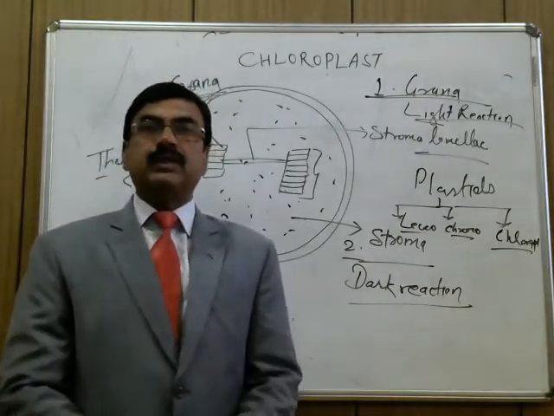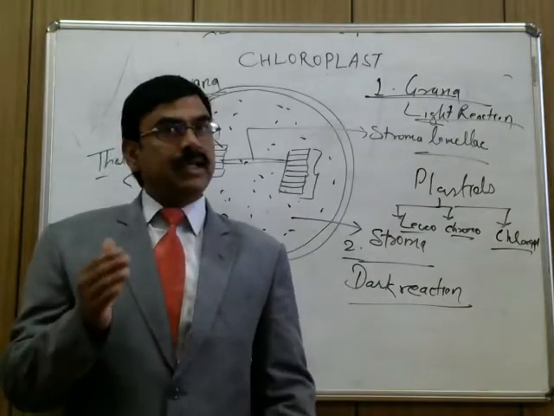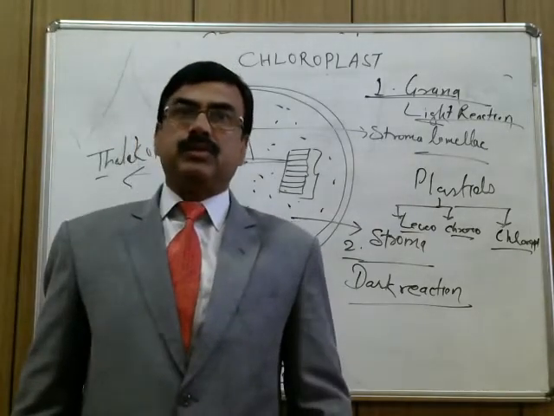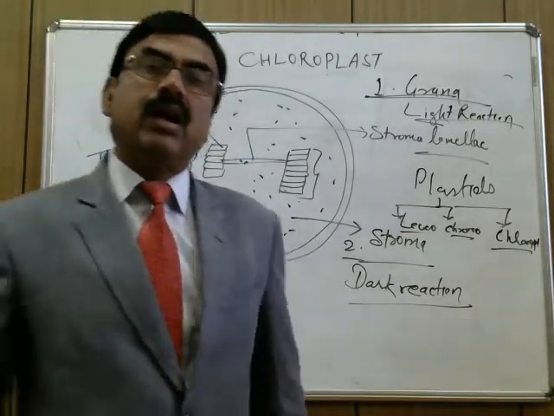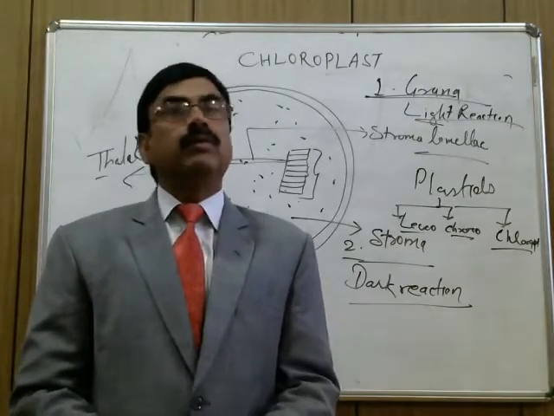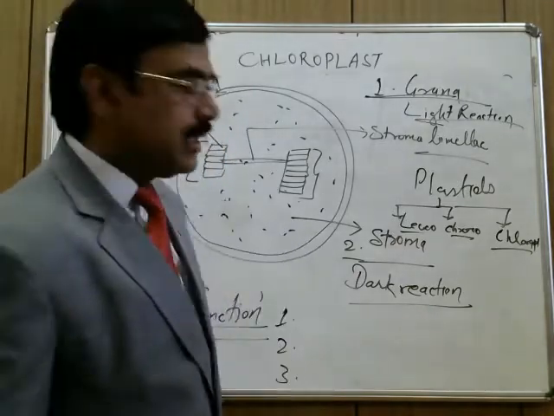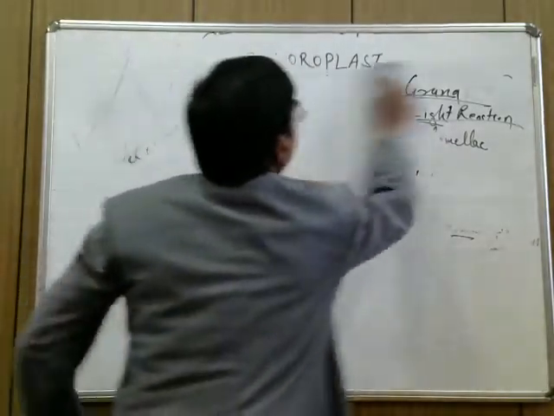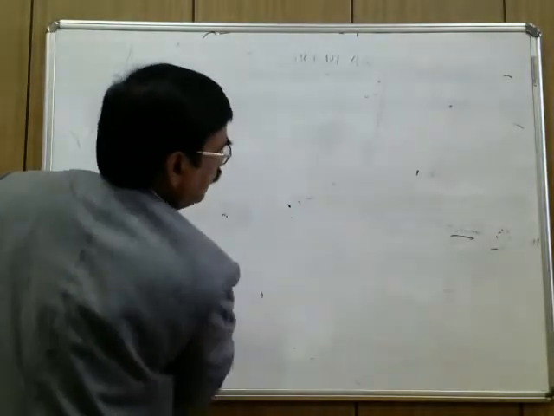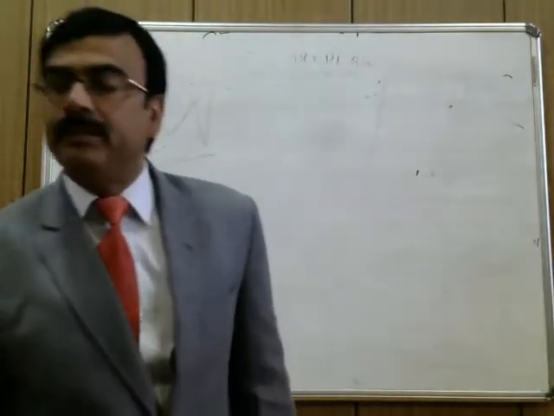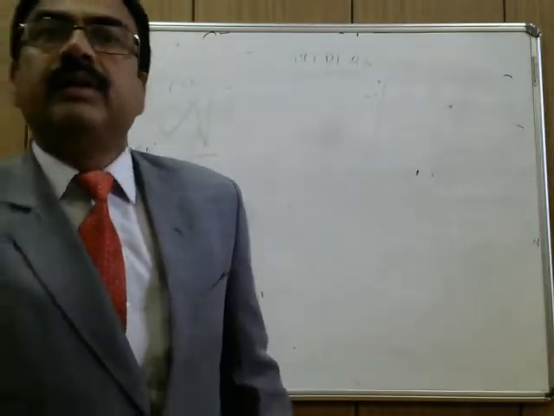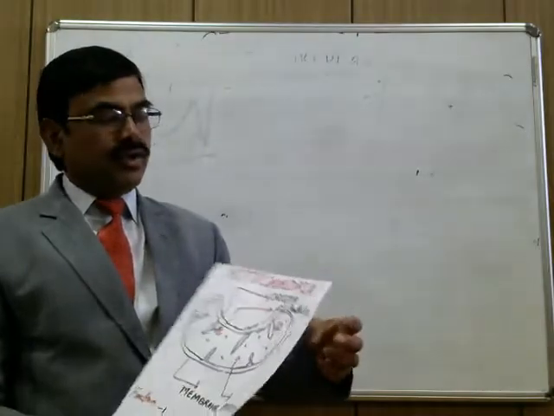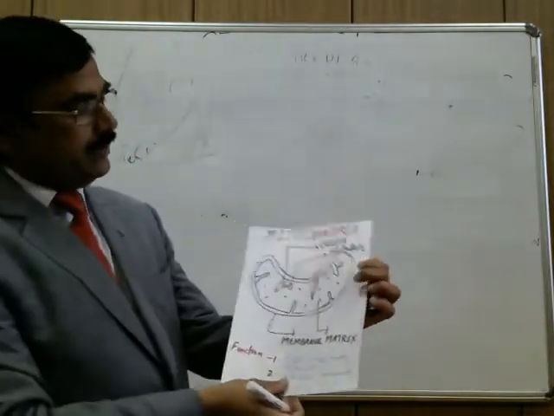So the first was nucleus, second was chloroplast. Now moving to the third cell organelle, I will take you towards the internal structure of mitochondria, the third cell organelle. Many of you have already noticed in class 8 that the mitochondria is the powerhouse of the cell.